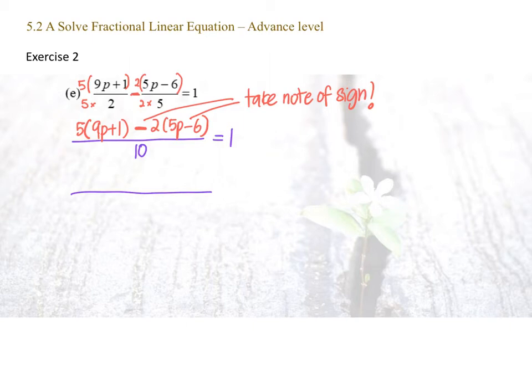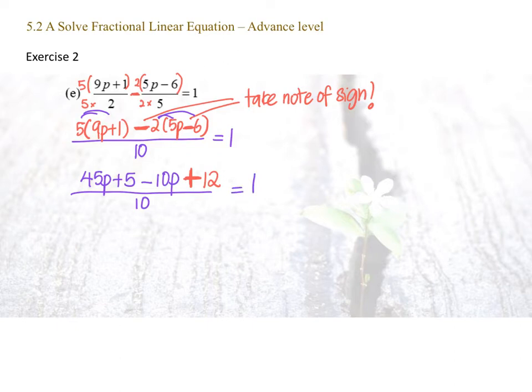So 5 times 9p will give you 45p plus 5. Negative 2 times 5p, negative 10p. Negative 2 times negative 6, what does that give you? You get positive 12.